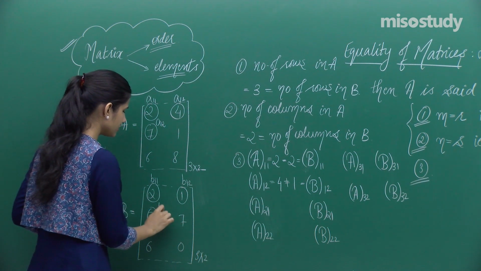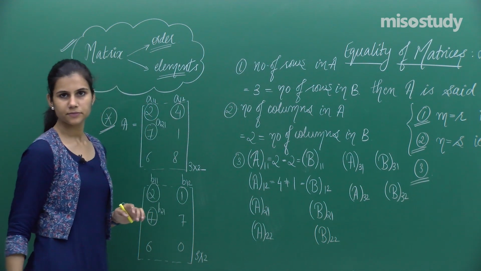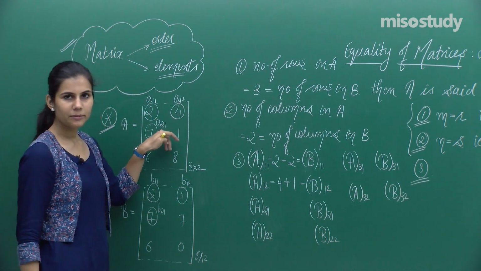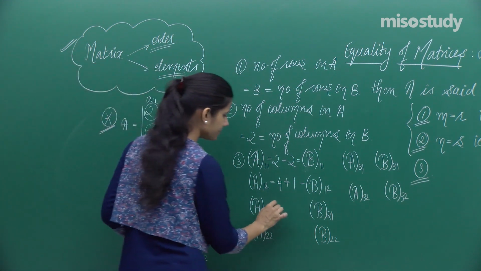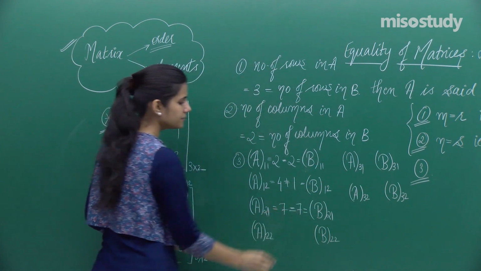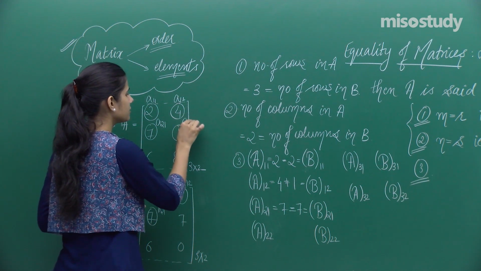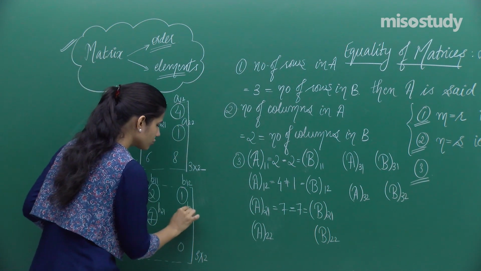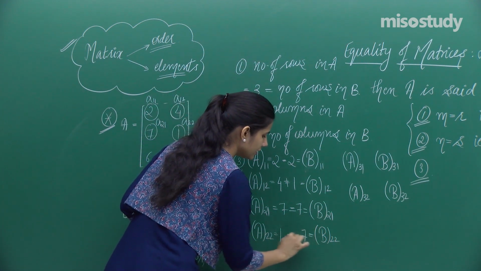Now the 2/1th element. Matrix A's 2/1th element and matrix B's 2/1th element: you can see both are 7. They are equal. Then matrix A's 2/2th element and matrix B's 2/2th element: this is 1, this is 7. They are unequal.